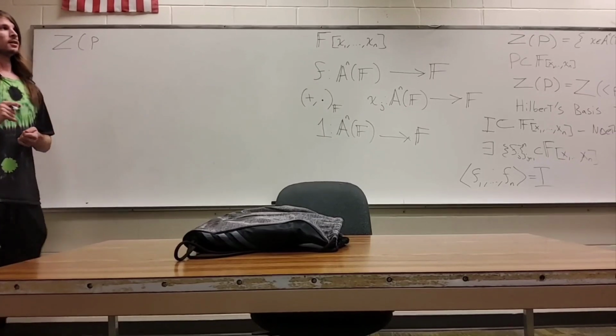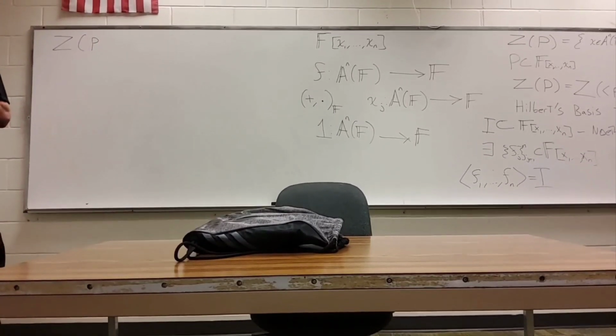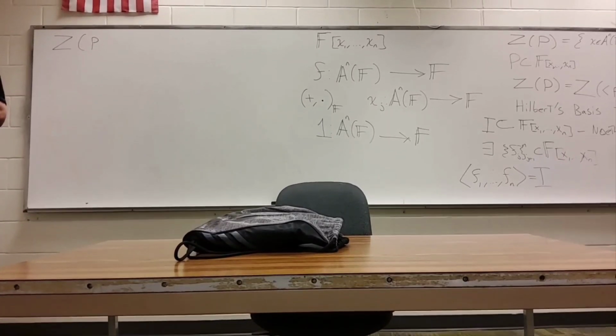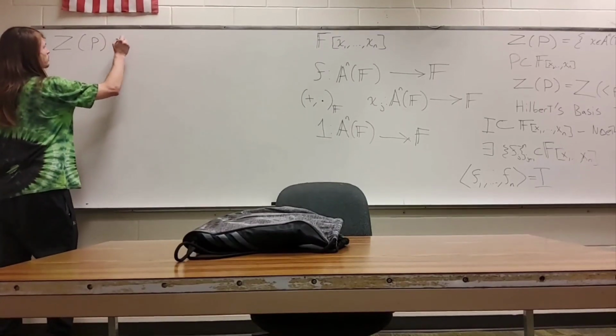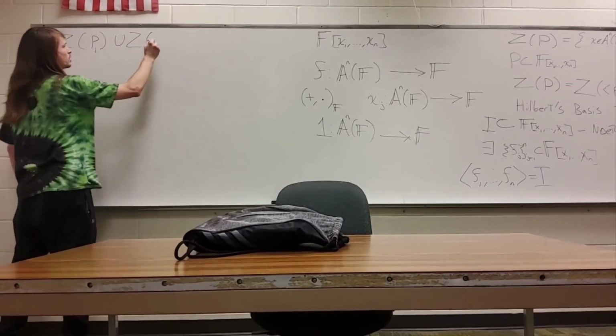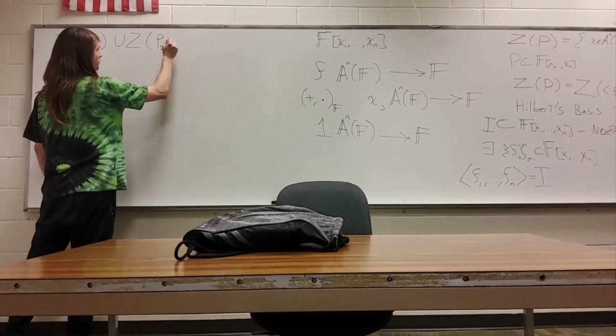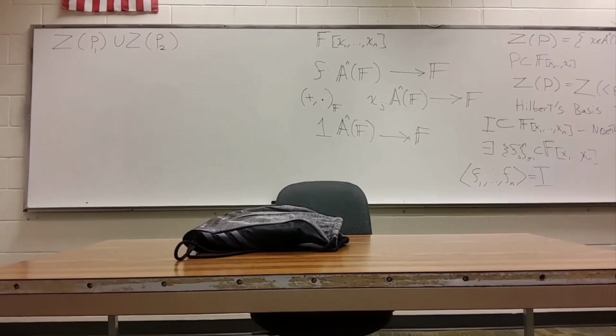Instead of arbitrary joins, which would have been arbitrary unions for us, we're going to do arbitrary intersections and finite unions. So I just have to show that the union of two algebraic sets is algebraic, and then I have to show that the arbitrary intersection of algebraic sets is algebraic.